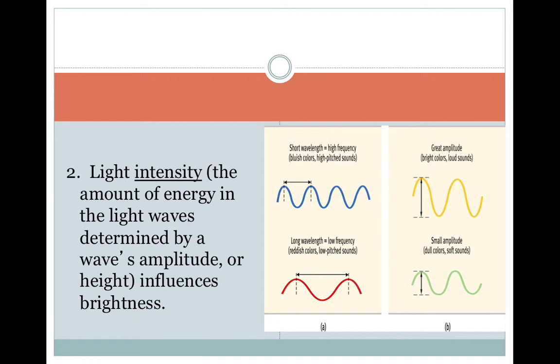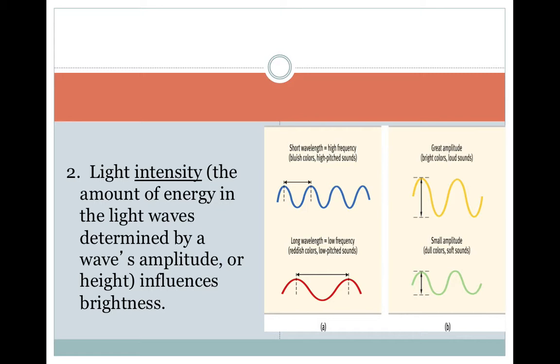The other thing that's determined is the intensity of the color that we see, which is determined by amplitude. And amplitude is the height of the wave.